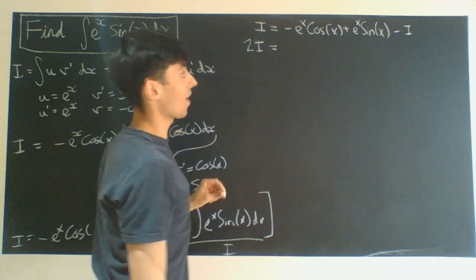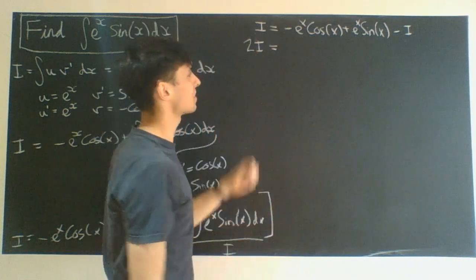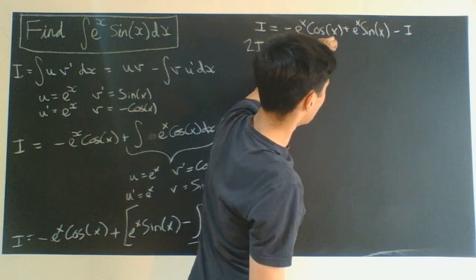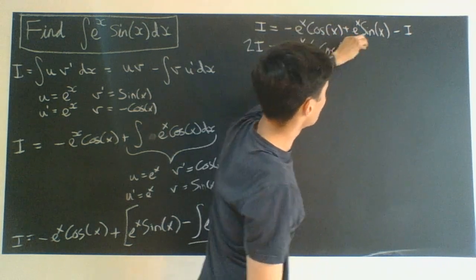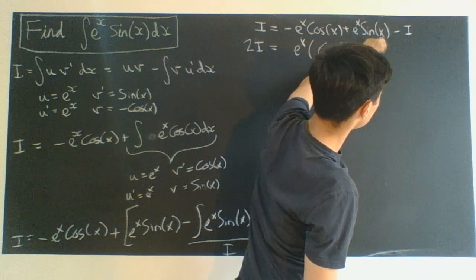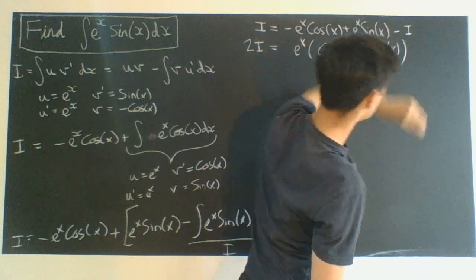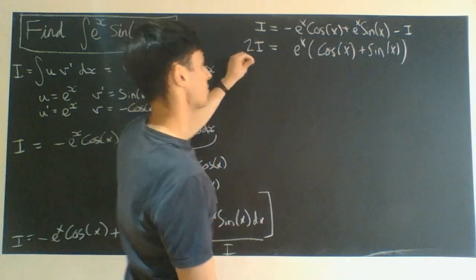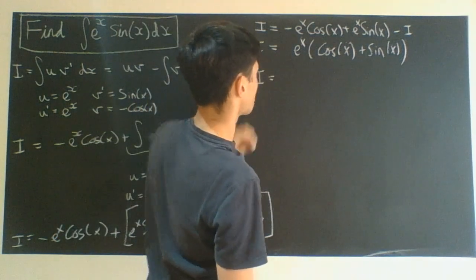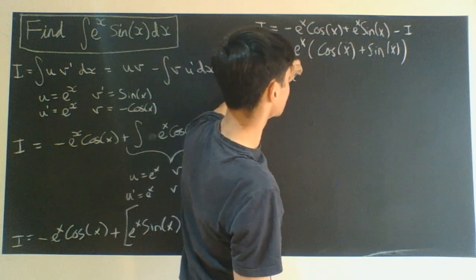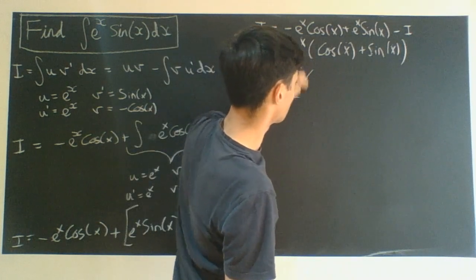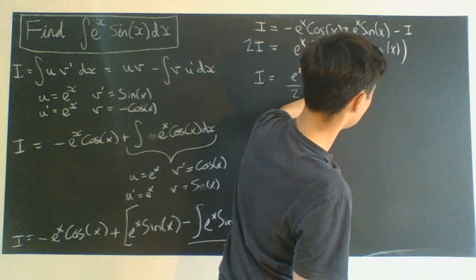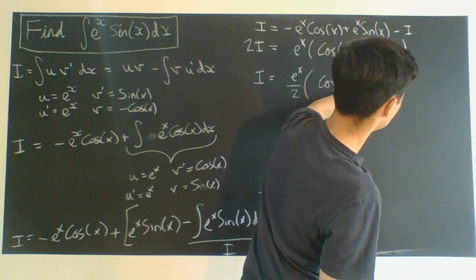So 2I equals, let's take out a factor of e to the x as well, e to the x, and we've got cos x plus sine x. And if that's 2I, we just want to divide by 2 to find I. So I equals e to the x over 2, brackets cos x plus sine x.